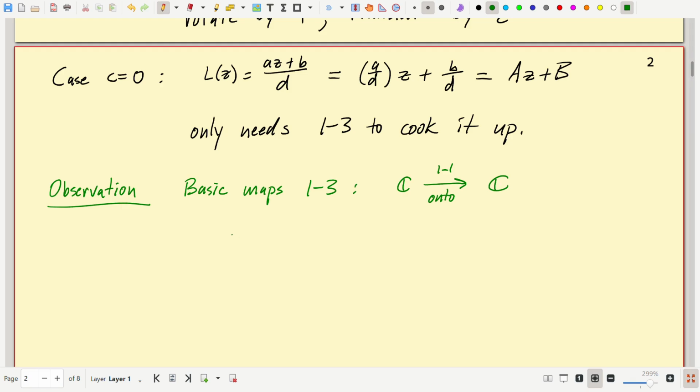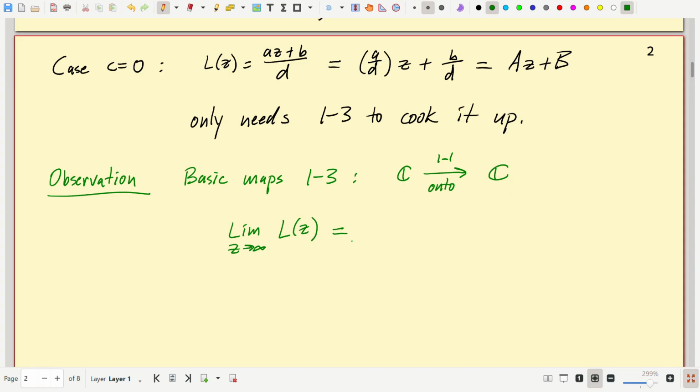And they all satisfy the property that the limit as z goes to infinity, in the sense that we've been using for quite a while, is infinity. And so we can think of the basic maps as all mapping L of infinity equal to infinity. We don't usually write stuff like that, but we're going to start writing stuff like that.